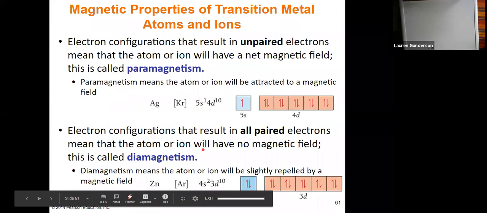Okay. Another concept that we have to look at is the idea of magnetism, whether something has a magnetic property or does not, right? If you have electron configurations that leave you with unpaired electrons in the orbital diagram, that means you are going to have a net magnetic field in that atom or in that ion, all right?